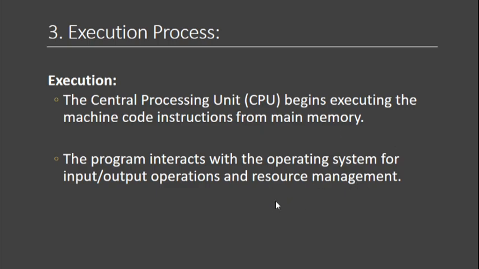For example, while the program is running, I need to take some input from the keyboard. The operating system provides the keyboard to take inputs, and it provides a monitor, screen or projector for output, because that is where we see the output on the screen. So the operating system provides output devices to see our result. This is the execution stage.